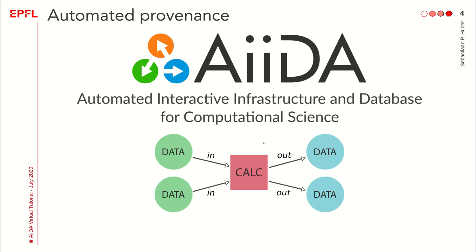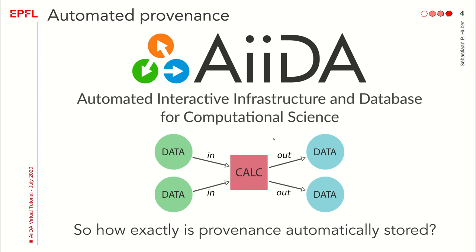Storing the data provenance means essentially storing a reference of that calculation in the database together with the inputs it took with these links, as well as the outputs that are produced. In this case, if these output data nodes are themselves reused for another calculation, their full history will be stored. So the question now is, how does AiiDA actually store this provenance automatically?